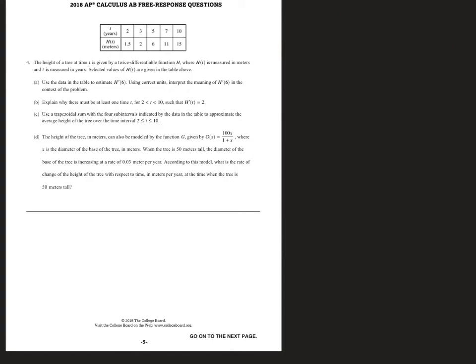All right, part C wants us to use a trapezoidal sum. Always have to be careful with our trapezoidal sums.